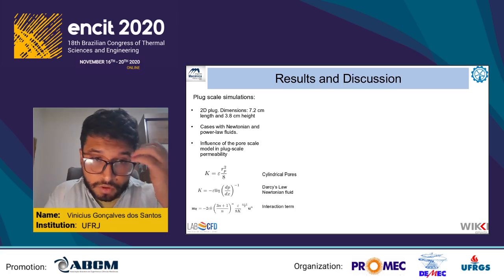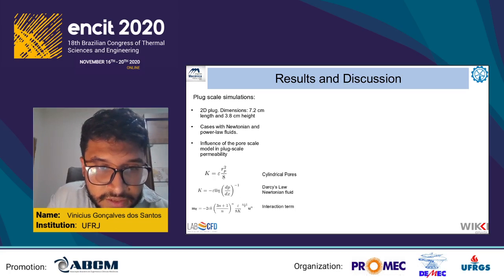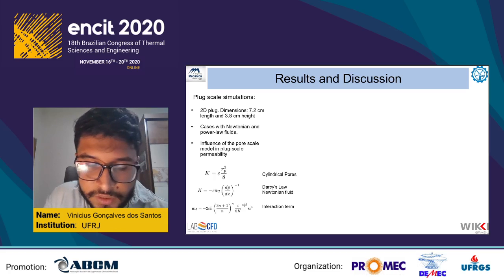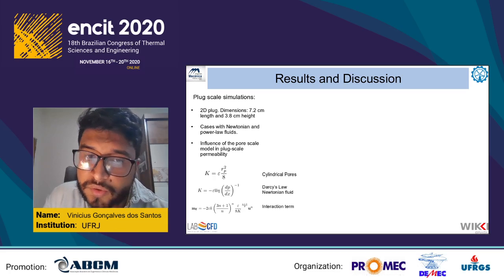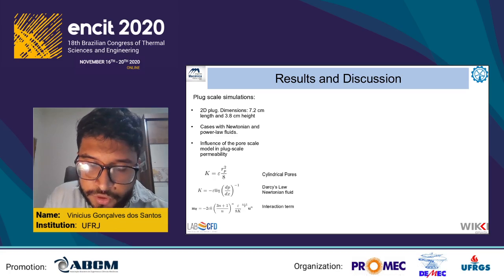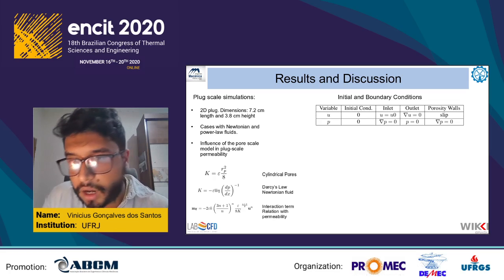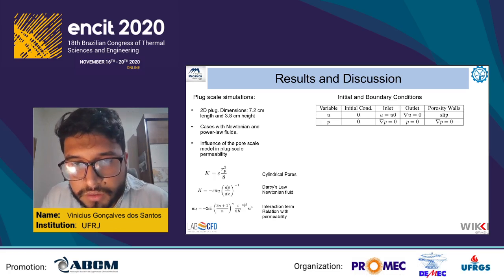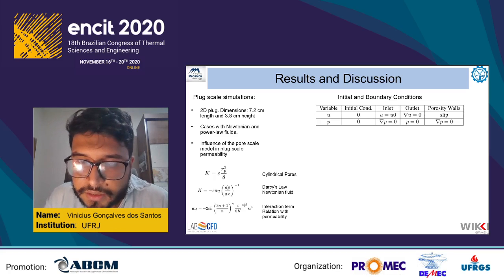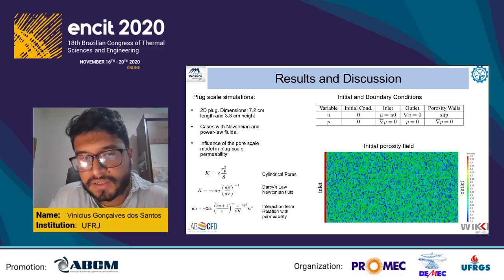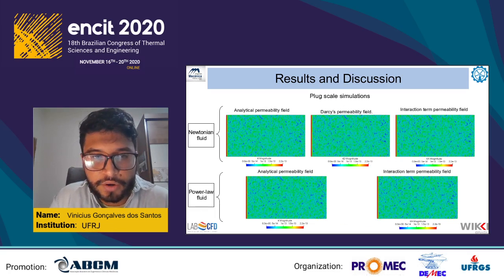One for cylindrical pores only, the second from Darcy's law, used only for the Newtonian fluid, and the third using the interaction form in the numerical approach to obtain the permeability fields. All the initial and boundary conditions are used as in the table, and the porosity field is the same for all simulations. Here we have the results for Newtonian fluid.